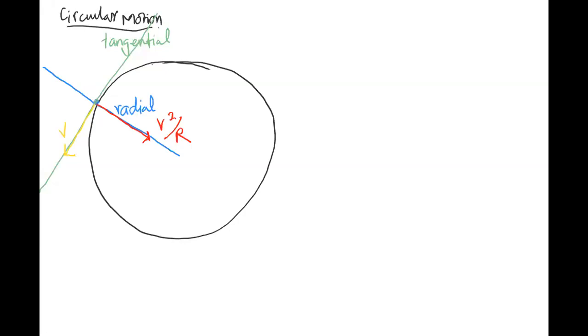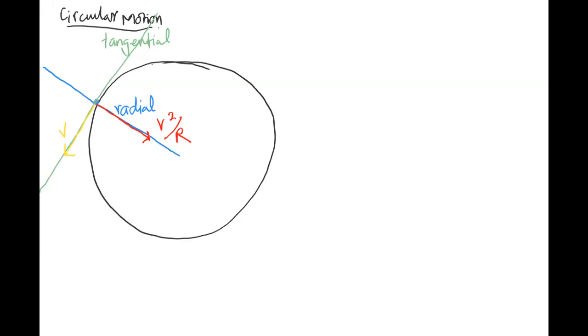We can also describe circular motion in terms of angular variables. Why do we need angular variables, by the way, for circular motion?